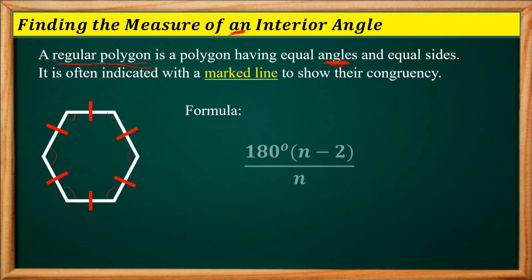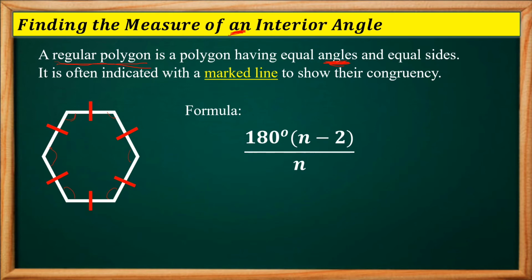Therefore, we will use the formula 180 times n minus 2, which is our formula in finding the sum of the interior angles of the polygon, divided by the number of sides of the polygon. N is the number of sides.